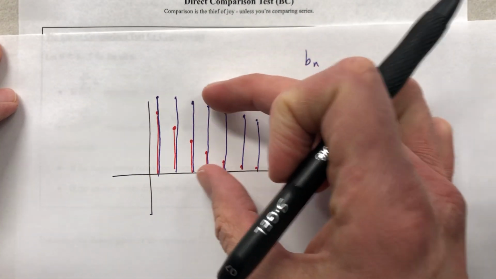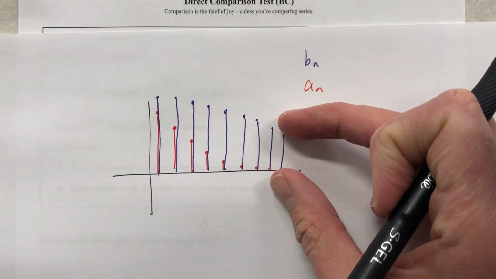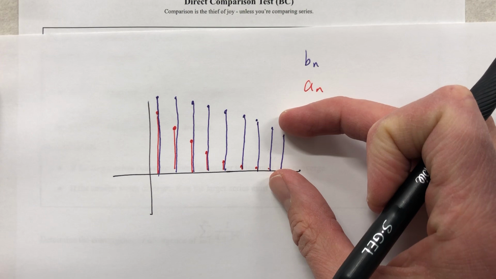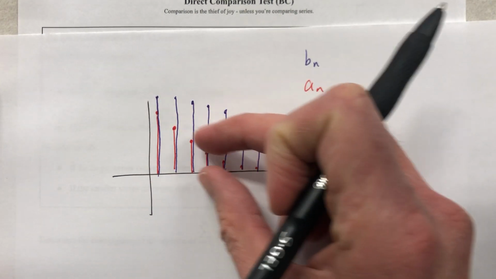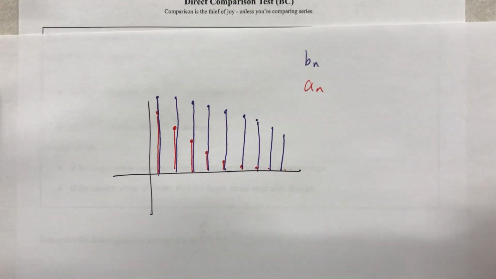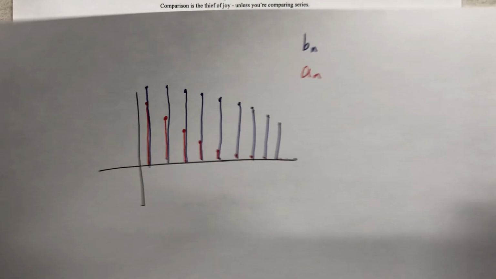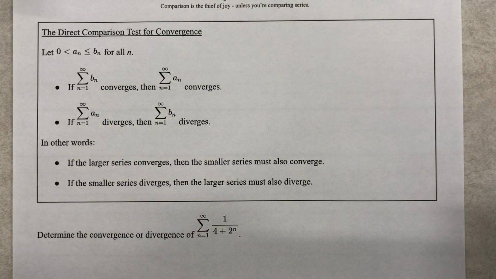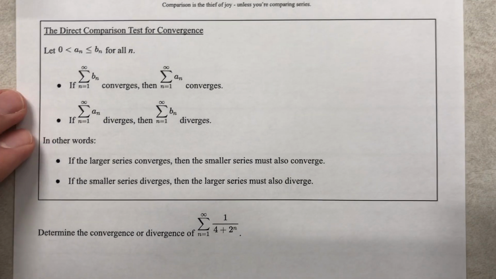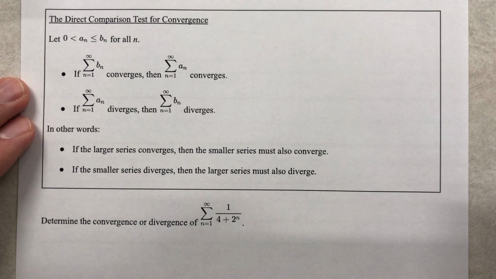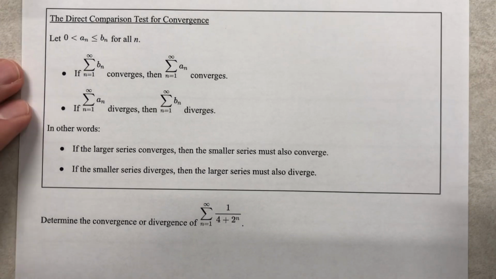Well, then I'm able to nail this down to be a specific number. Then I know that this red one definitely converges because it's smaller. That's the idea. So what we're going to do is find a series of known convergence and compare them. So bear with me. Here we go.